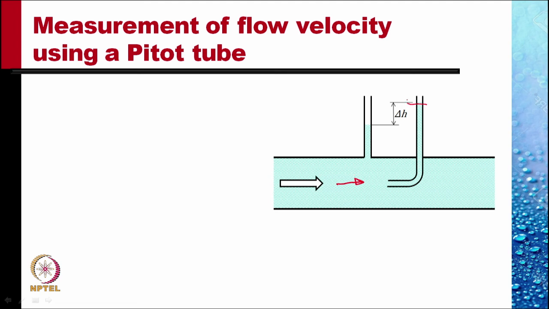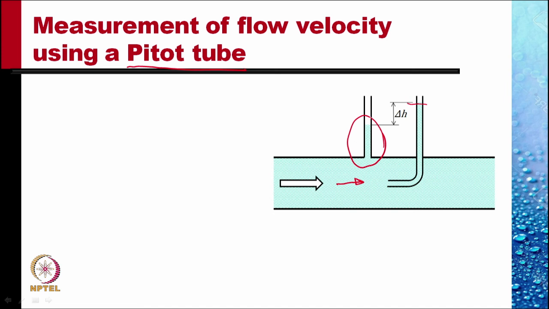This bent tube is known as the Pitot tube, after the French scientist who invented it. There is also a simple piezometer attached here to the wall of this tube, and the water rises in this tube to the height of piezometric height.